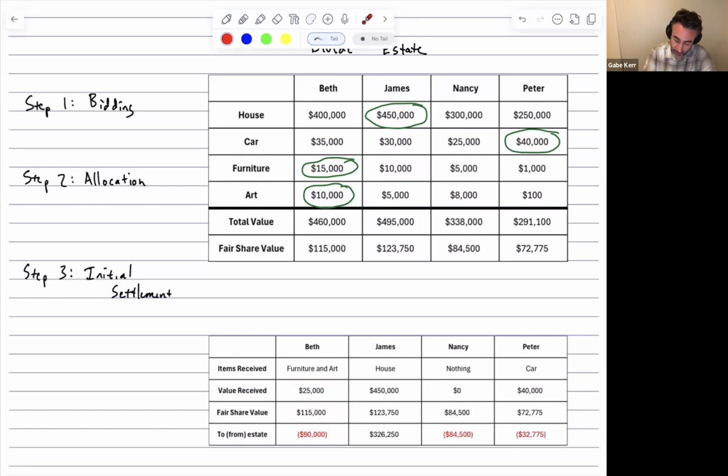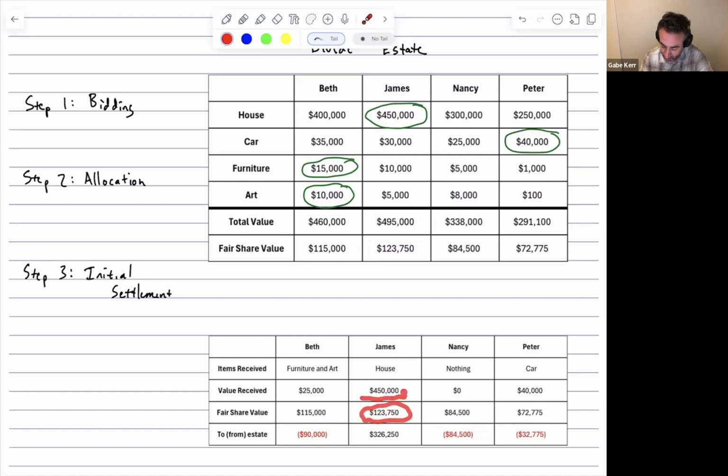James, on the other hand, received the house. And the house is valued quite highly. So James received the house at $450,000. His total is $495,000. That's what he values the entire estate at, which divided by 4 is the fair share value, which is $123,750.